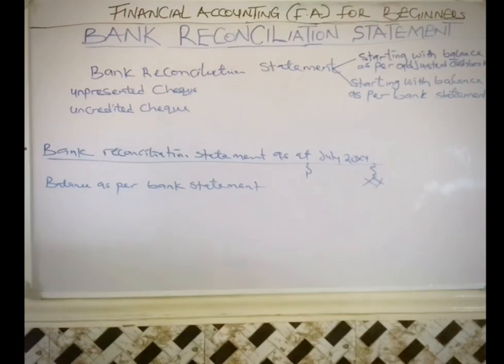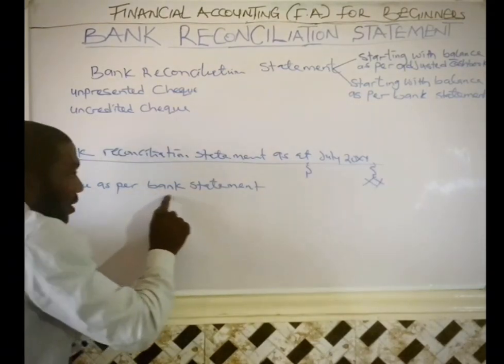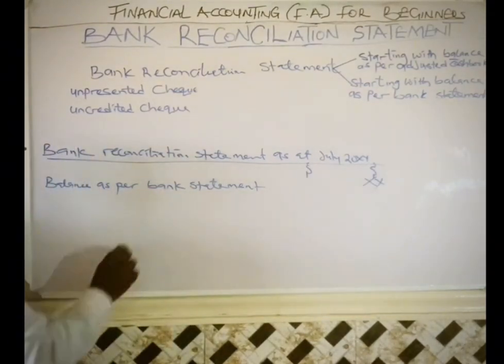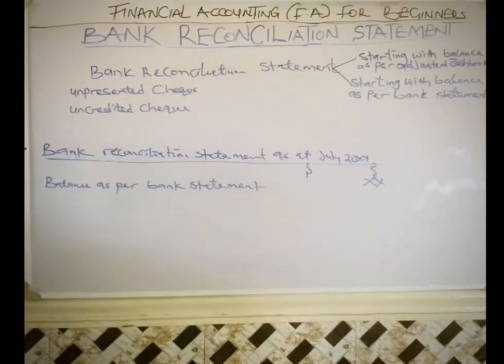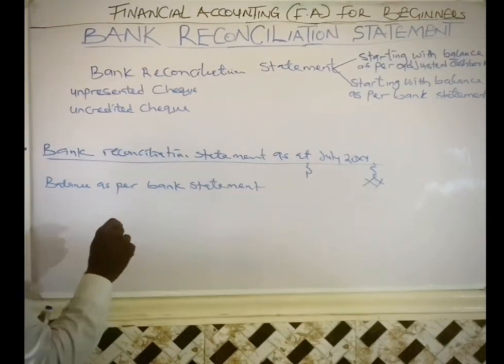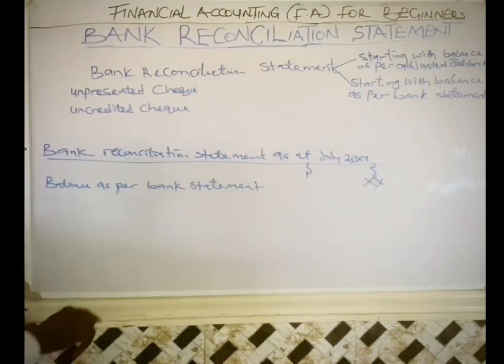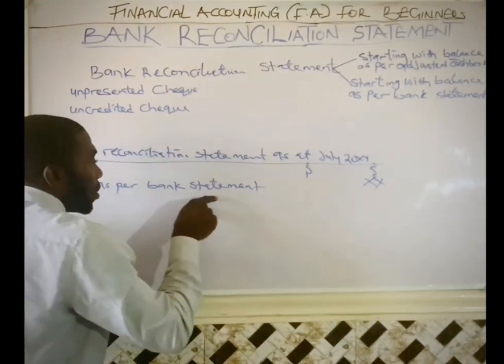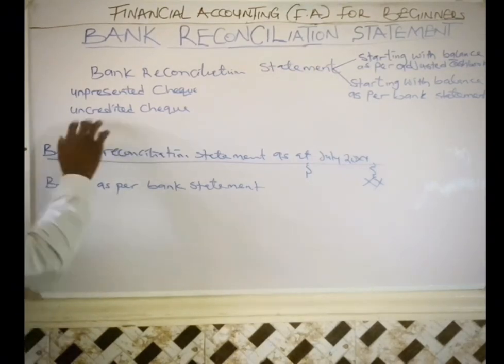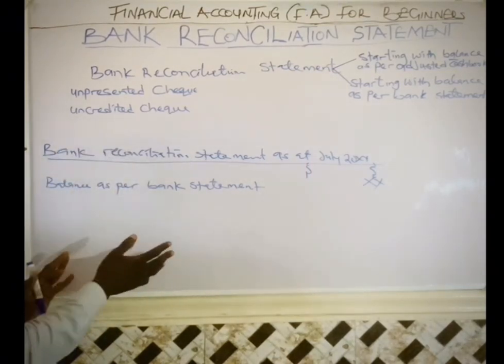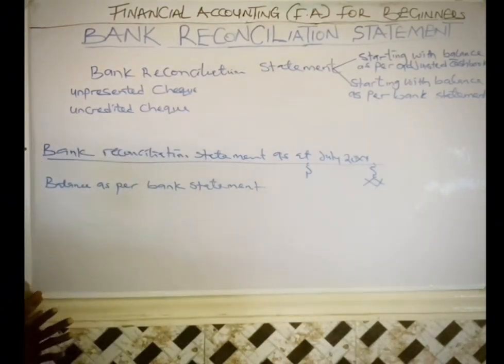But the difference is our adjustment, just as I've mentioned, will be on the bank statement. Since our adjustment is on the bank statement, not the cash book, all the reconciliation or adjustment will be on the bank statement balance. Simple as that. We are adjusting our bank statement.